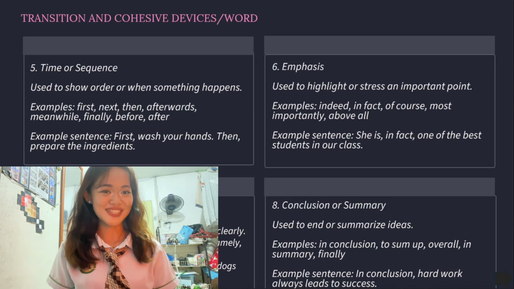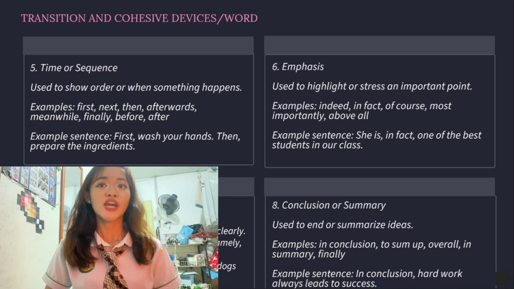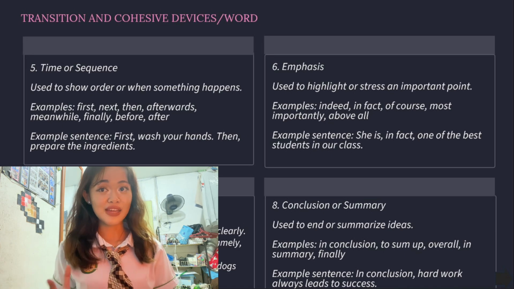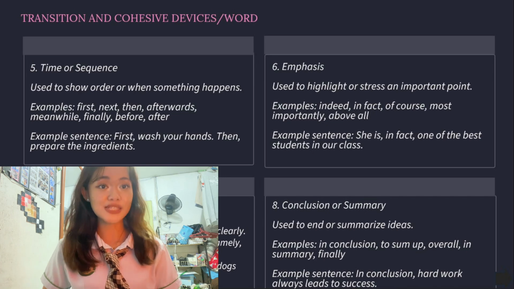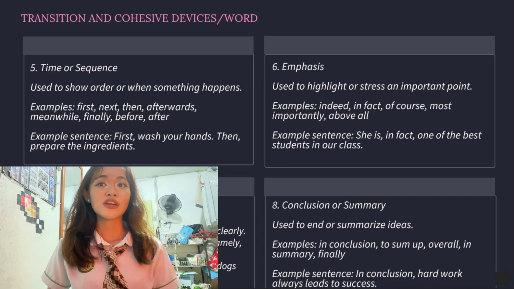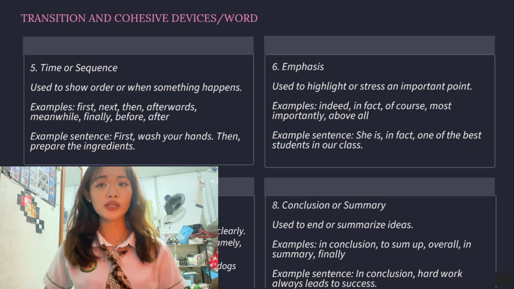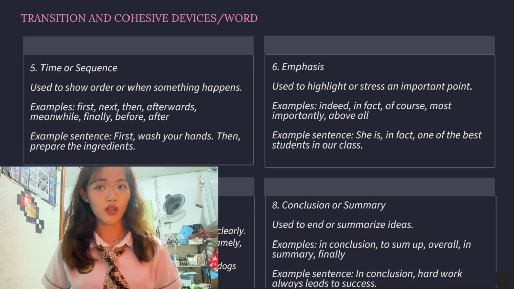And then sixth, we have the emphasis. It is used to highlight or stress an important point. So, as the title conveys, it is used to emphasize. Emphasis, the root word being emphasize. Examples include indeed, in fact, of course, most importantly, or above all.